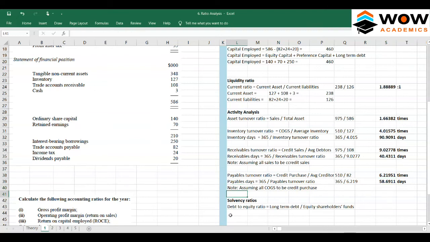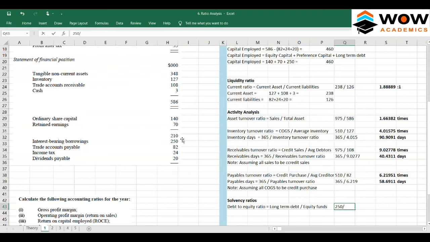So let's go to the solvency ratio. The solvency ratio is long-term debt divided by equity shareholders' funds. As we don't have space, we'll put it here. Long-term debt is this number, 250, divided by shareholders' funds, which is 210.